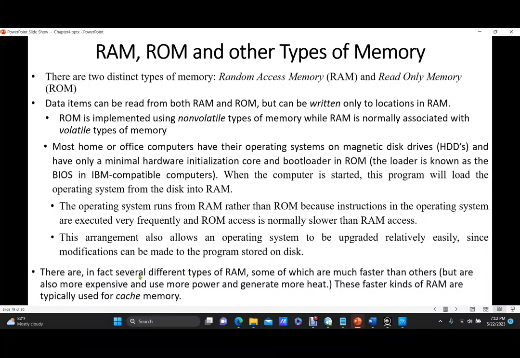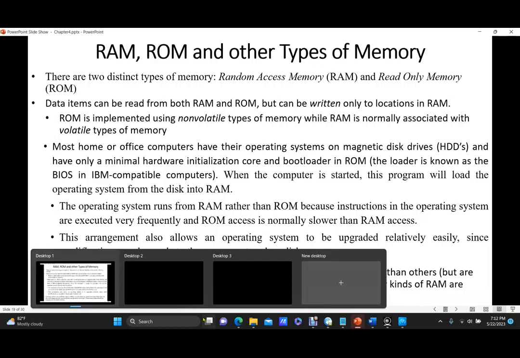There are, in fact, several different kinds of RAM, some of which are faster than others, but are more expensive and use more power and generate more heat. Those faster kinds of RAM are typically used for cache memory.